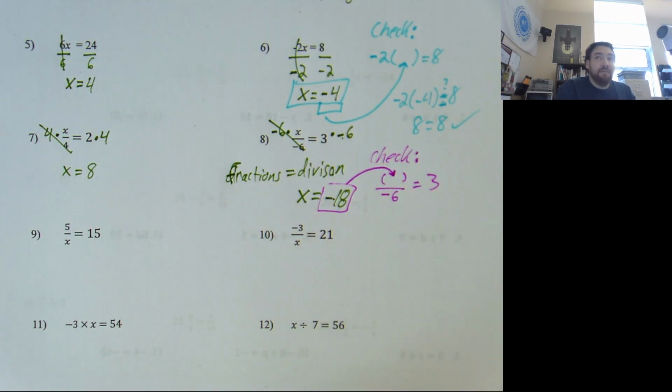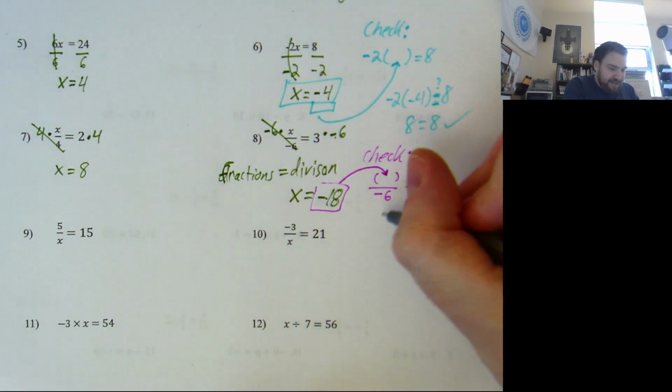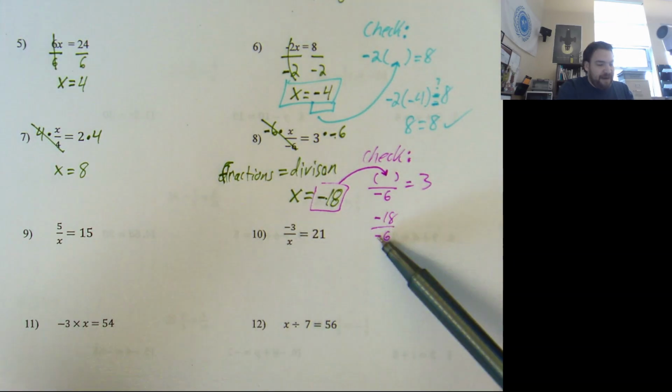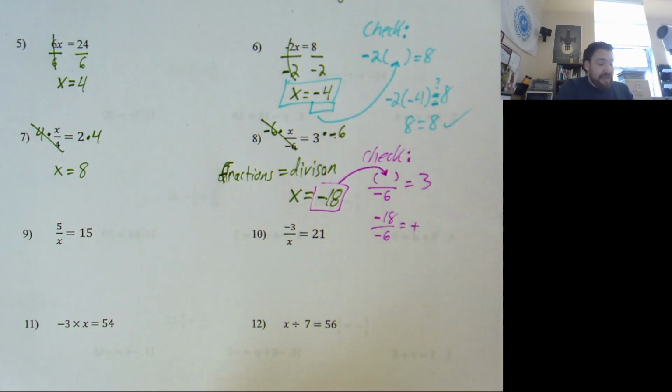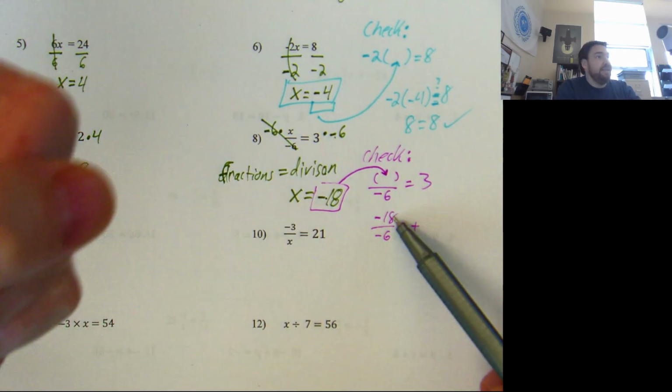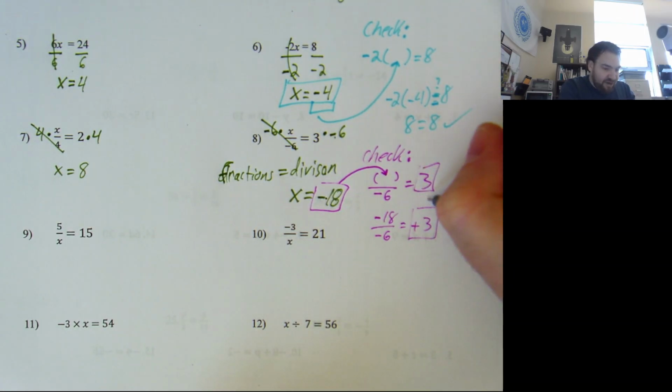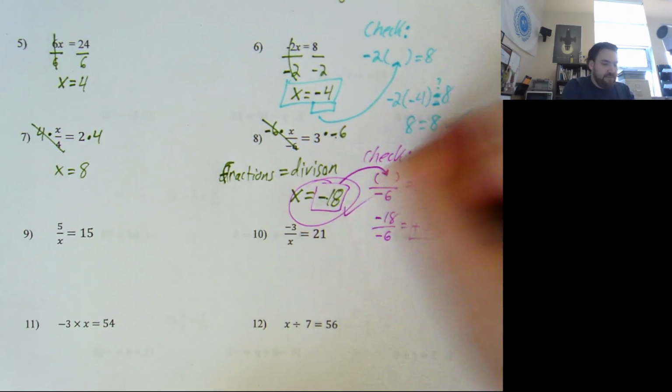We're going to see if we're right. So if I put them in the brackets, I'm going to have negative 18 over negative 6. A negative divided by a negative is a positive. And how many times does 6 go into 18? 3. So because this and this are the same, that means this was correct.